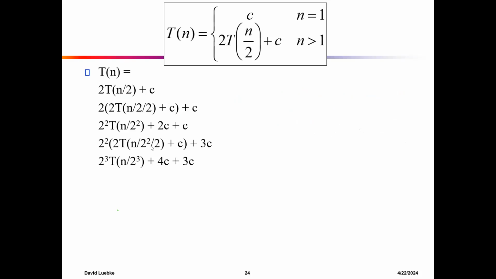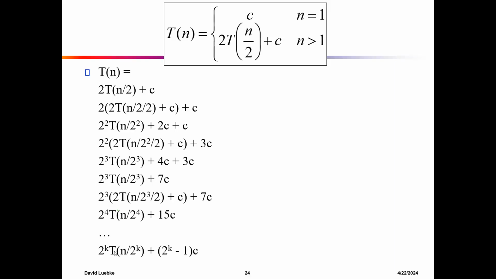And of course, we could go until we see some value of k, where k is less than or equal to n. So if we replace n with k, we will get something like this: 2 to the power of k times t of n over 2 to the k, plus 2 to the k minus 1 times c. Notice the 1.